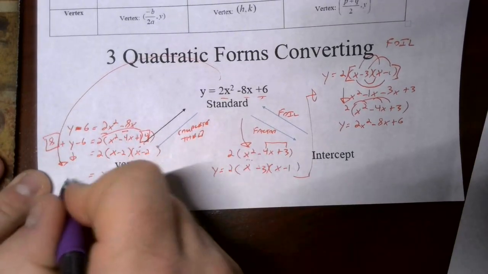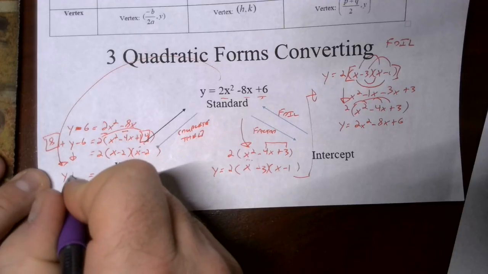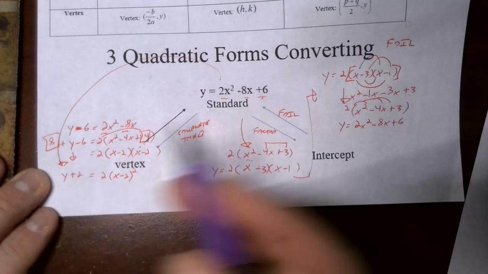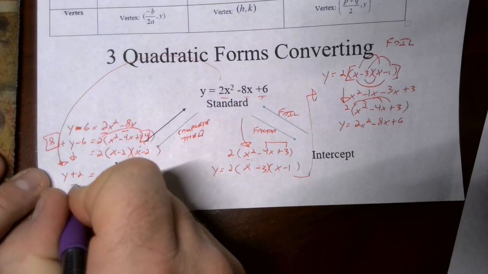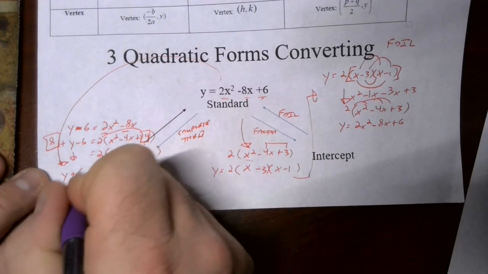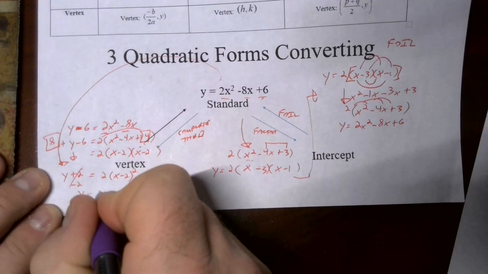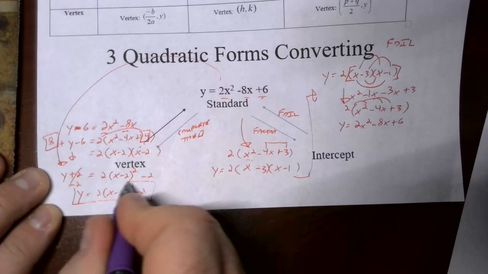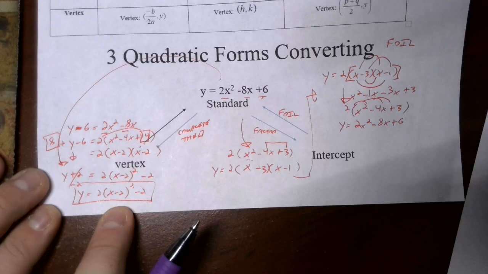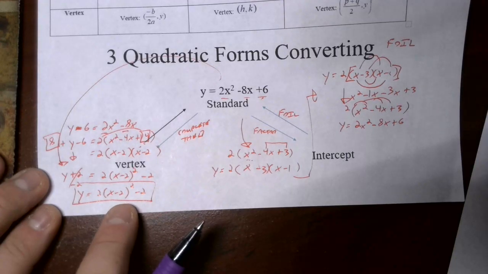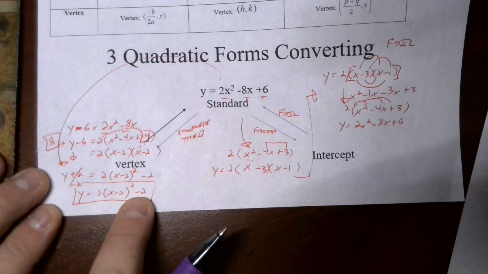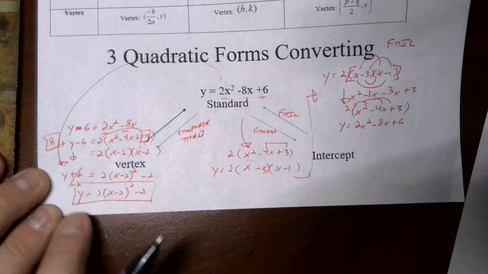The left side becomes y plus 2 because of 8 minus 6. The last step is to subtract the 2 to the right side. So notice your vertex form would look like this. Notice the vertex would be the coordinate (2, negative 2). You take the opposite sign of the h and the k value as is.